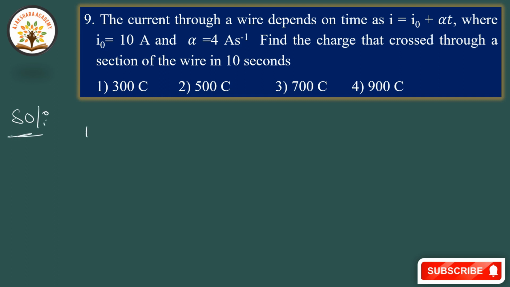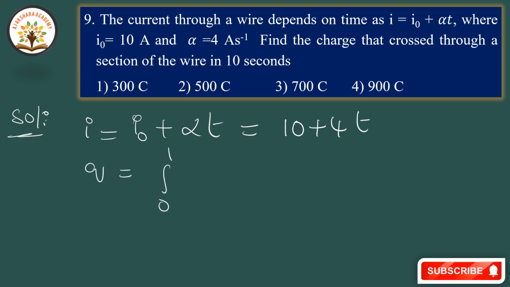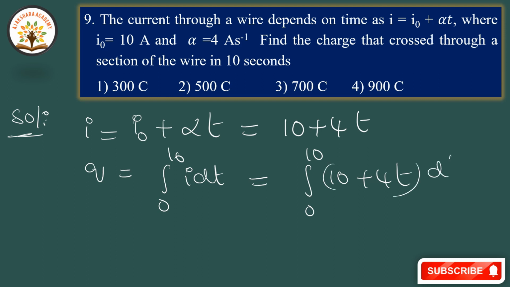Given the expression I is equal to I naught plus alpha t, substituting it becomes 10 plus 4t. So now q is equal to the integration from 0 to 10 of I dt. Substituting the I value, that is the integration from 0 to 10 of (10 plus 4t) dt.